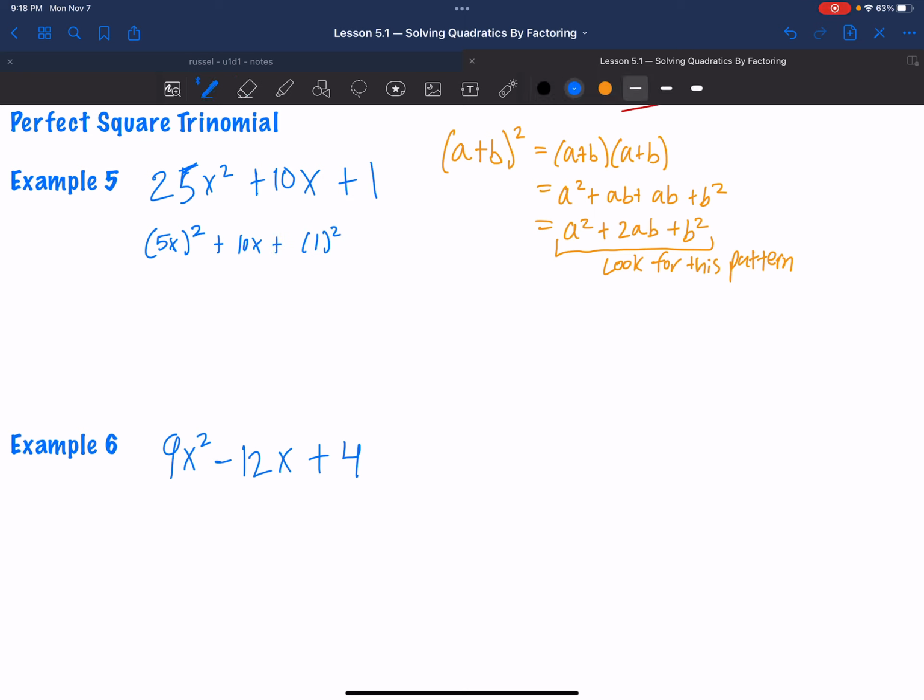But of course, this is like saying 5x squared plus 2 times 5x times 1 plus 1 squared. And this is a perfect square trinomial.